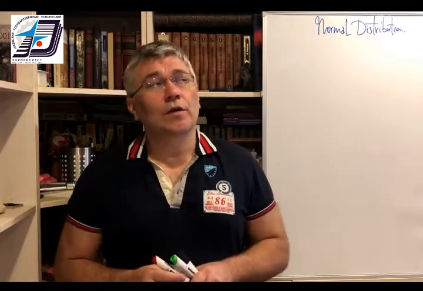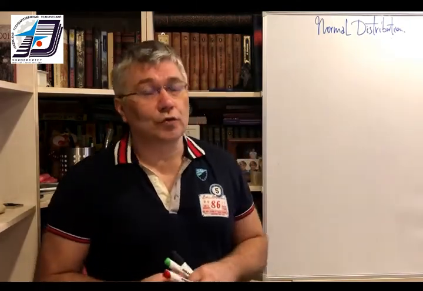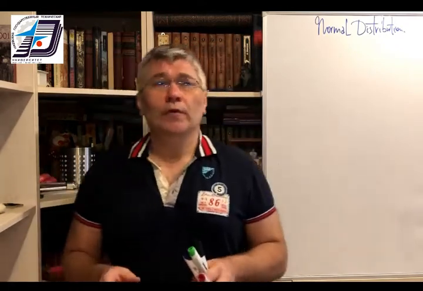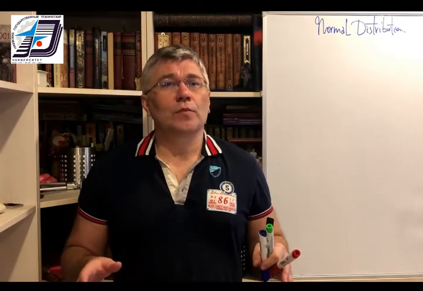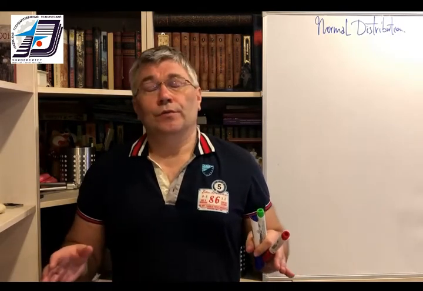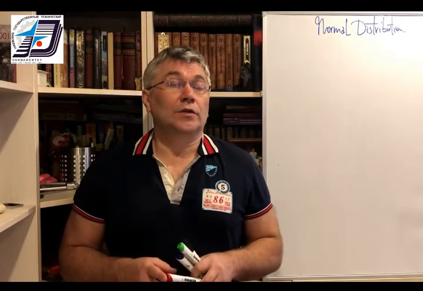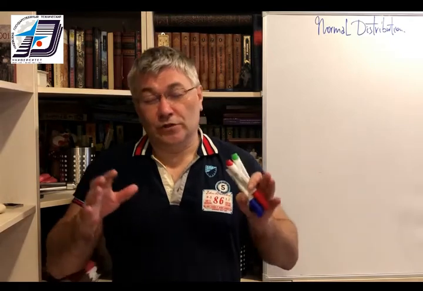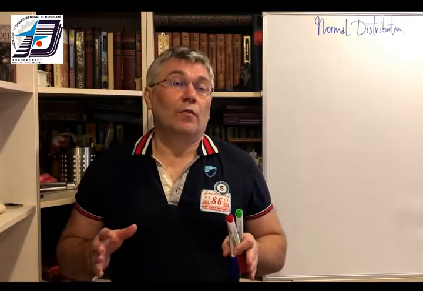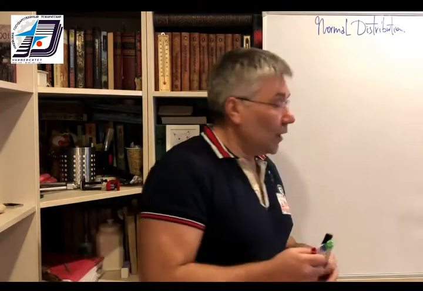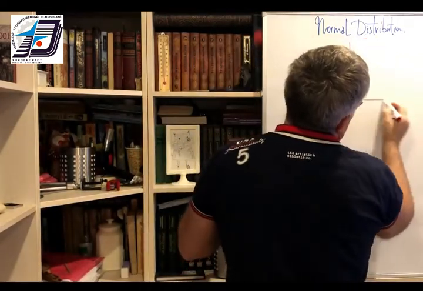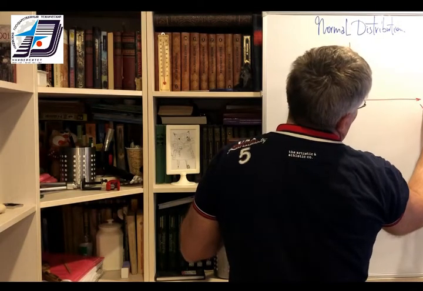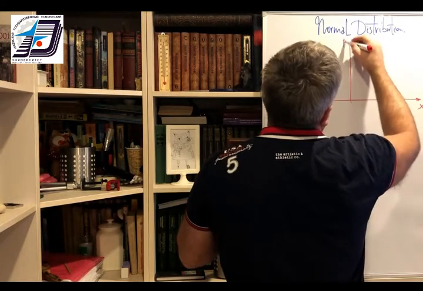Some people call the normal distribution a bell distribution because its graph has a bell form. It has no lopsidedness, no skew, and no long tail. It is a very symmetrical bell-shaped distribution. It usually has this graph, here x and here probability.